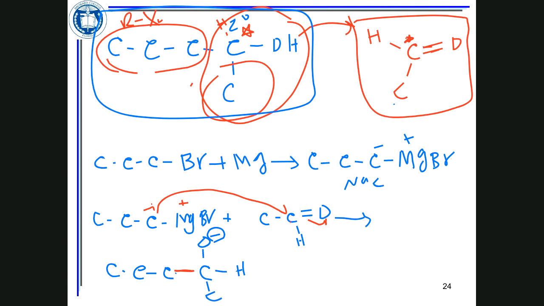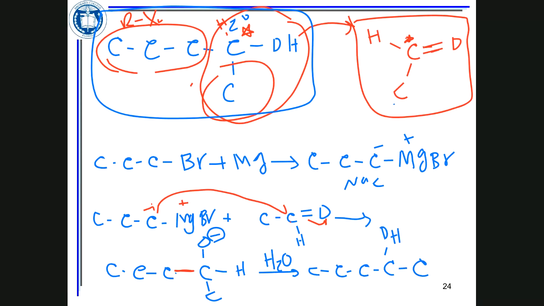Either way works, but since the product structure I gave you looked like this, I just want to make sure it looks the same. Then you cannot leave it like this. It's not going to give you alcohol. You have to hydrolyze it. Whenever you are working with the Grignard, you have to follow up with hydrolysis.